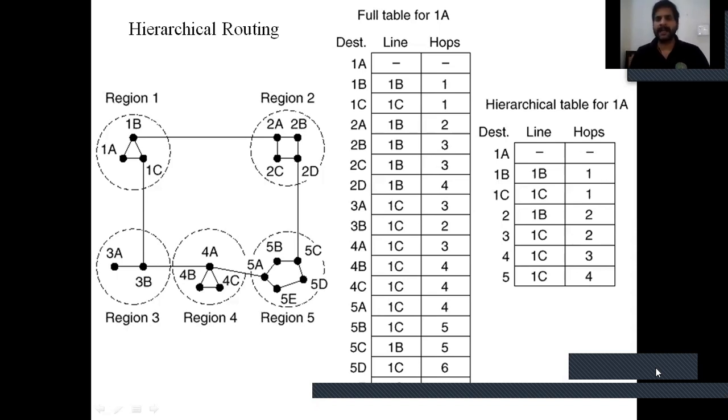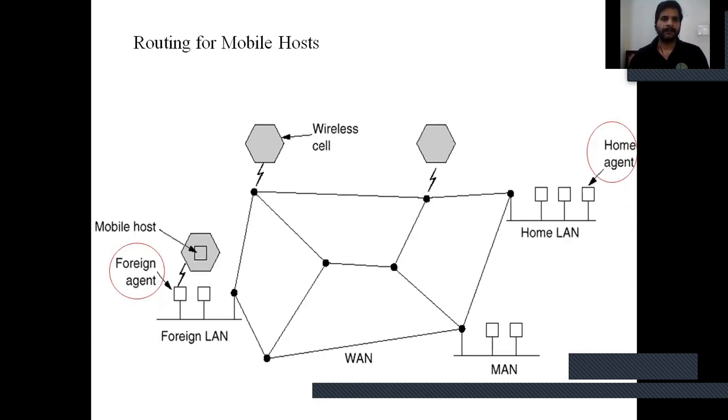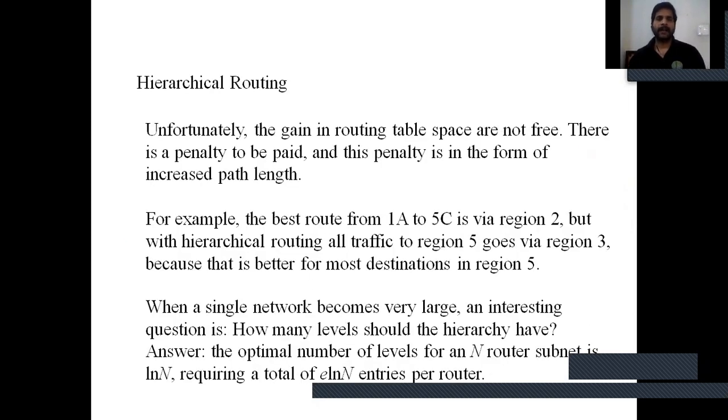So in hierarchical routing, first of all, let me explain some properties of the hierarchical routing algorithm. Unfortunately, again, the routing table space gains are not free. The very important point for hierarchical routing is that there is a penalty to be paid, and this penalty is in the form of increased path length.